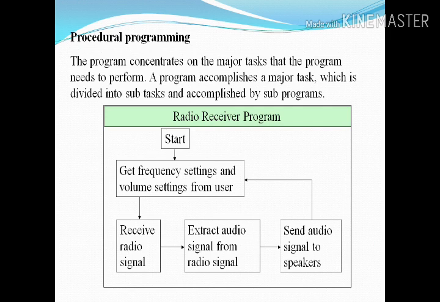Please go through the slides. You can start a program, get the frequency setting and volume setting from a user, receive the radio signal, extract the audio signal from the radio signal, send the audio signal to the speaker. That way the procedural language goes on. That means it's a sequence maintaining stepwise going on topic.